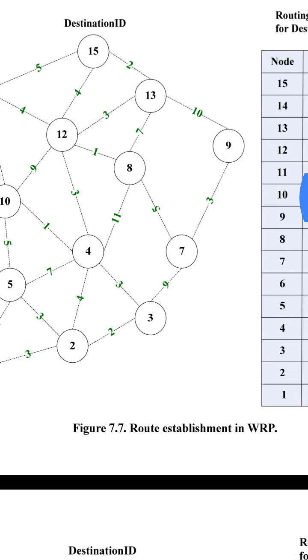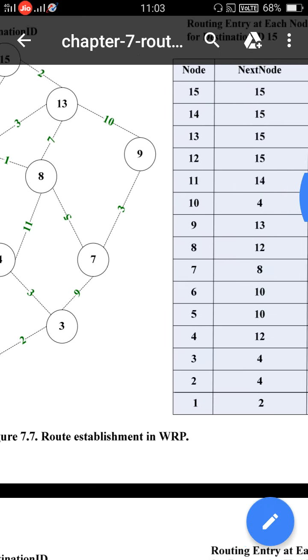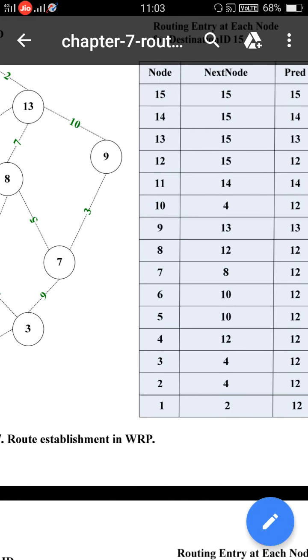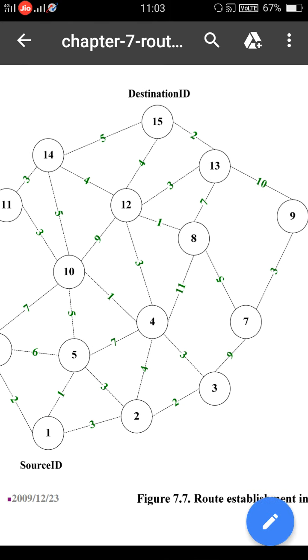Suppose we want to reach node 10 from 15. Node 10 from 15 is reached via next node 4. That means 15 to 12, 12 to 4, 4 to 10. That is the way to reach node 10 from 15.